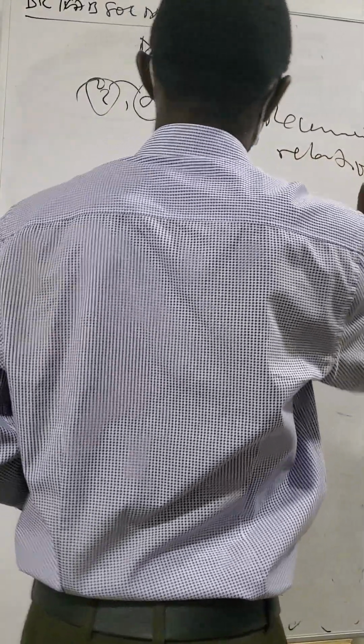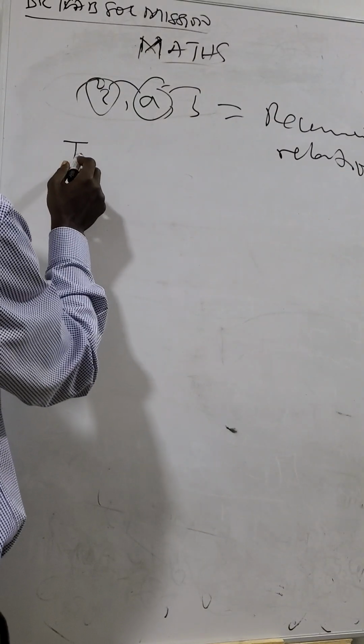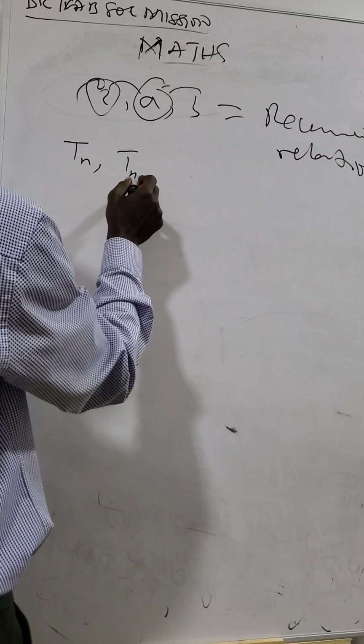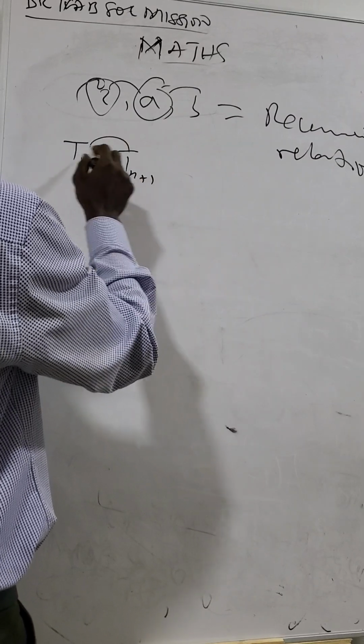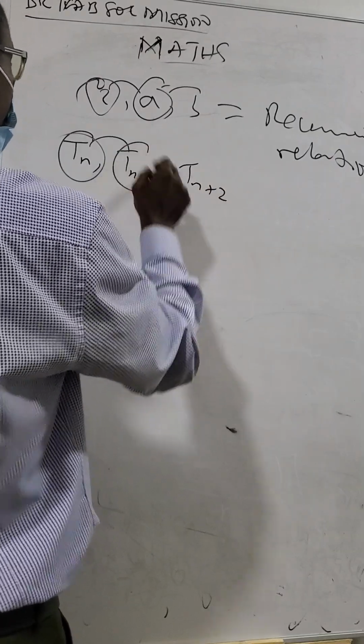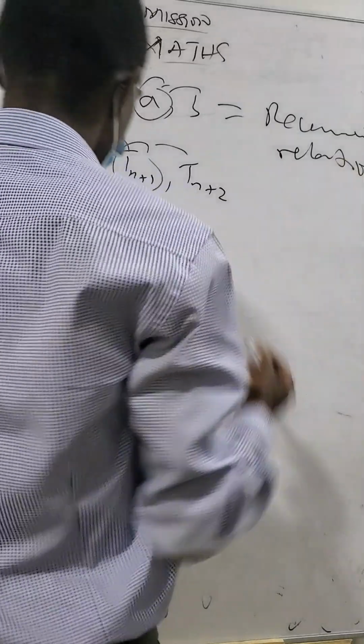Recurrent relation. Right? So where if I want to get, if it is Tn, and I'm going to the next one, Tn plus 1, I have to manipulate this one. If I'm going to Tn plus 2, I have to manipulate this equation. Right? So this kind of relation is what we call the recurrent relation.